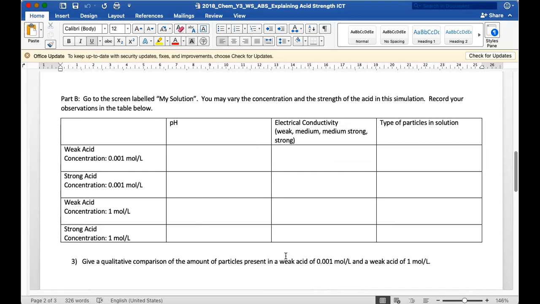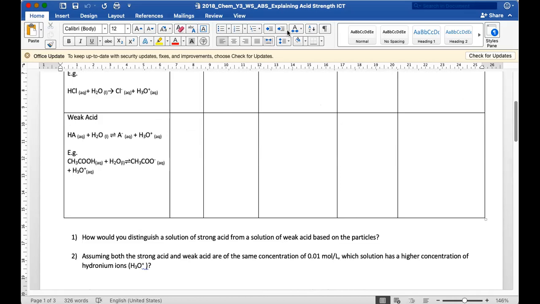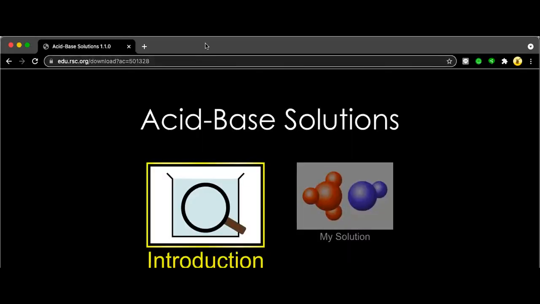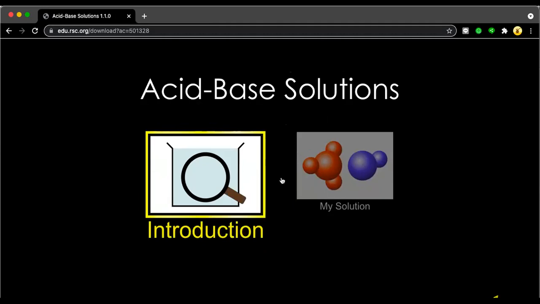So now I'm going to show you the animation to see how we can relate the worksheet to the animation. All right. The link will be given later. So this is the animation tool. You have the introduction as well as the my solution.